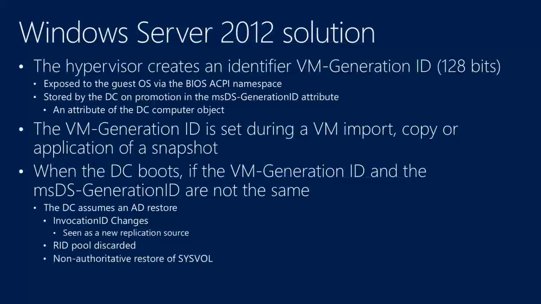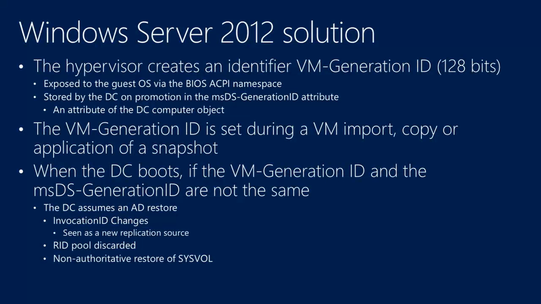And as soon as it's spotted, the DC says, hey, I've gone back in time. Something's not right. So what I'll do is I will go into an AD restore mode. And it says, I'll accept that what's in my database is okay, not corrupt. But what I'll do is I will change the invocation ID GUID on this. So if anyone's got a vector on me, it's now useless. So I've got a new name for the database.